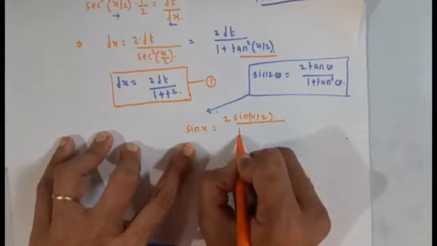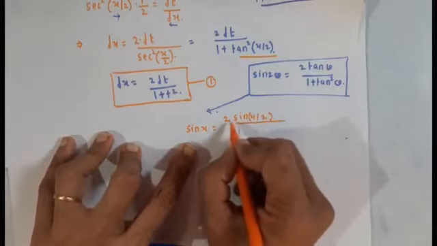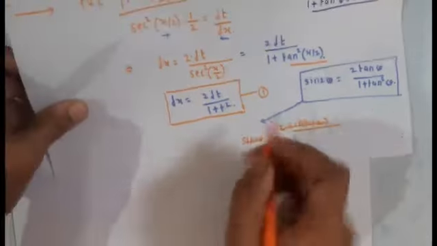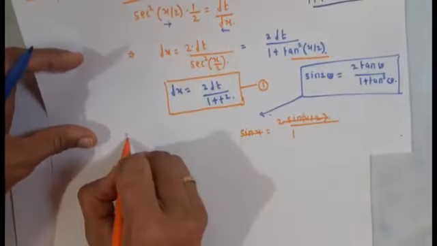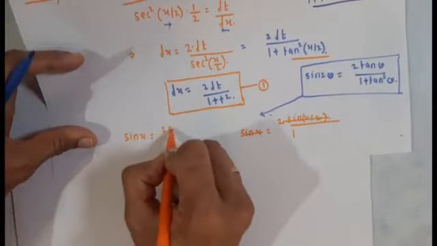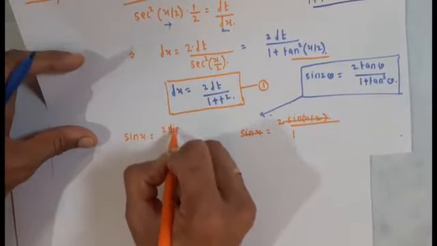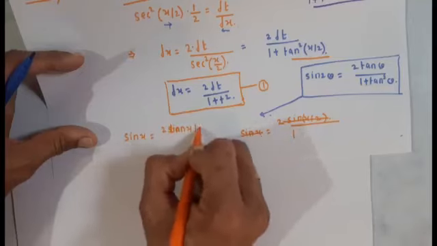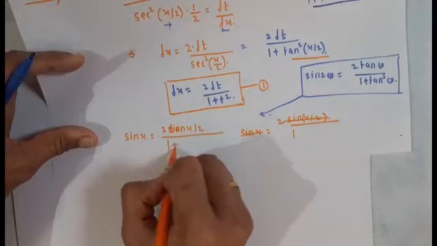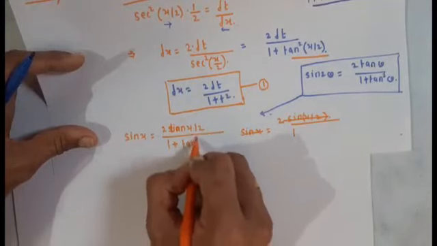So sin of x equals 2 tan x by 2 upon 1 plus tan square x by 2.